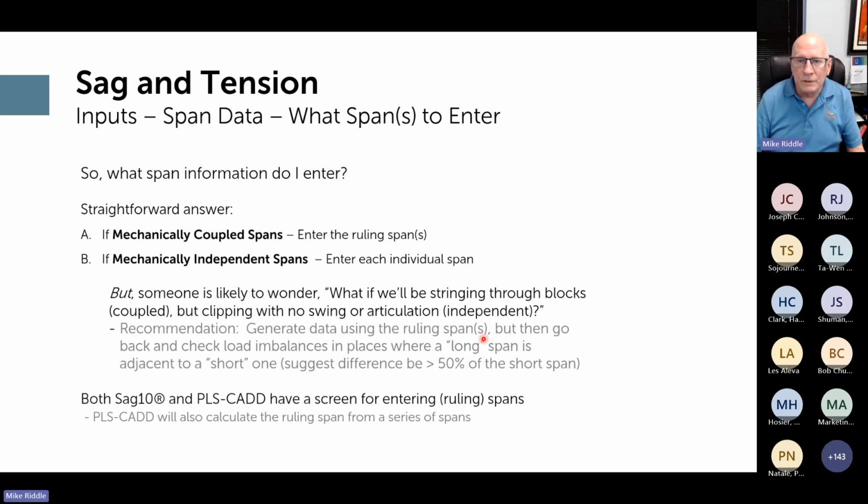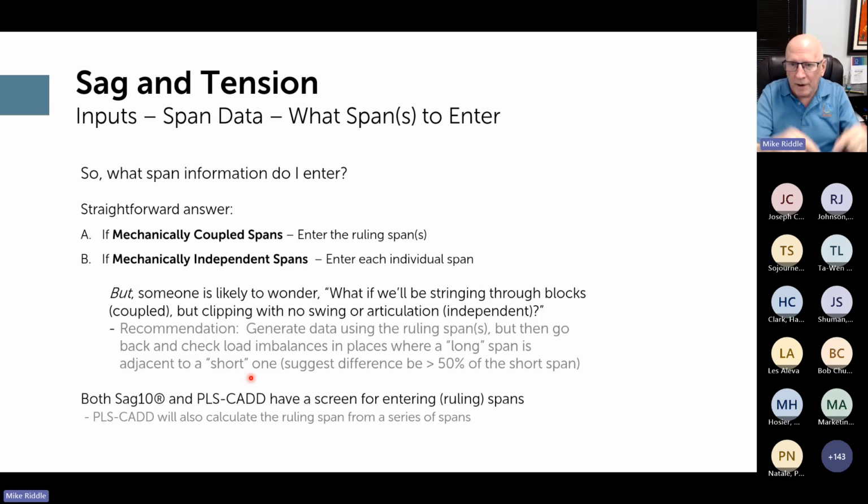But then what you should do is go and check load imbalances in places where there's a long span adjacent to a short one. Once the cable is clipped, wind and ice load on the long span could lead to a much higher tension on that span versus a short span next to it.